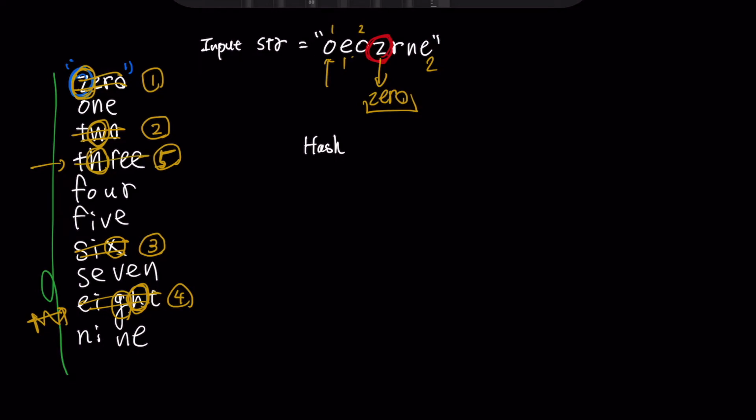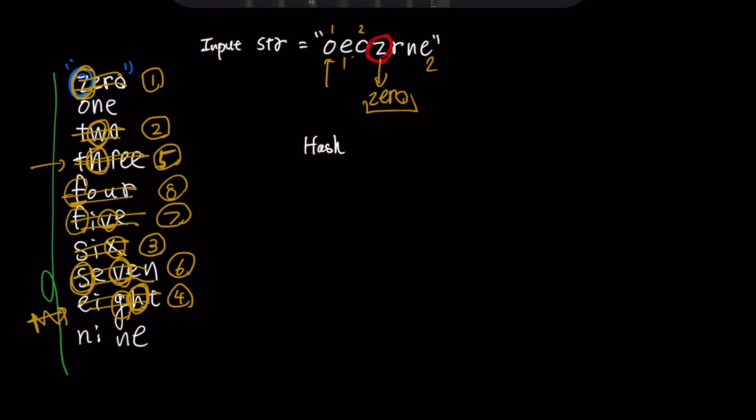Let me cross this guy out. How about S? S only happens in 7 and 6, and we already checked 6, so we can check 7. How about the letter for 5? We already checked 7 here, so we can check 5. Oh, and then we can check 4, because the letter for 4 also happens in 5.